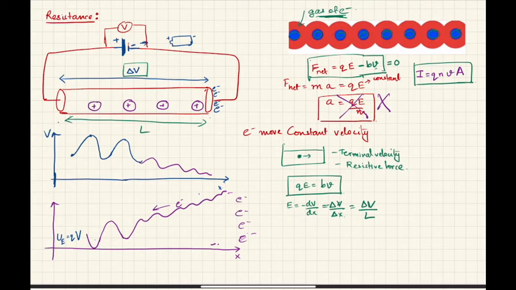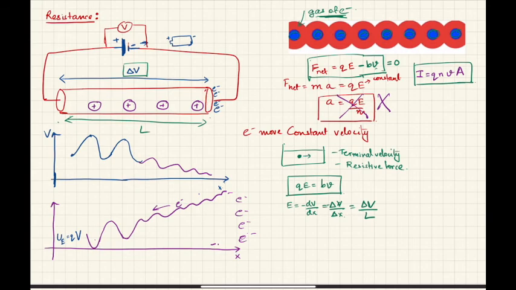So Q here represents the charge of the electron, N represents the density of the electrons, V is the same velocity over here, really the terminal velocity, and A is the cross-section area of this wire. So this circle over here, that area over there.